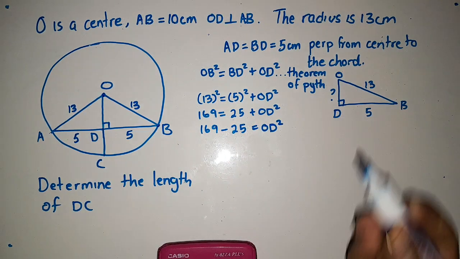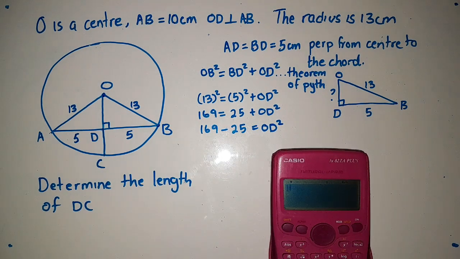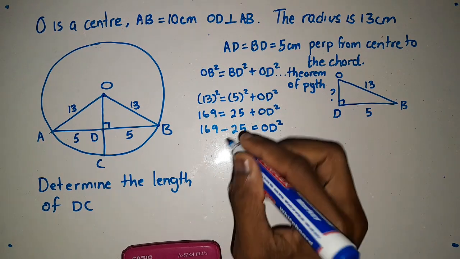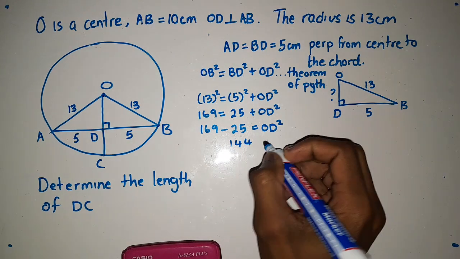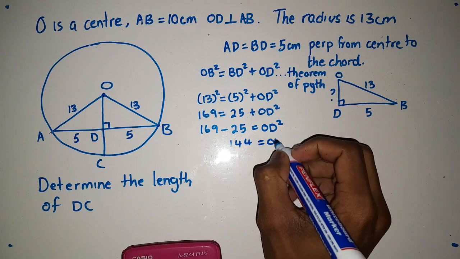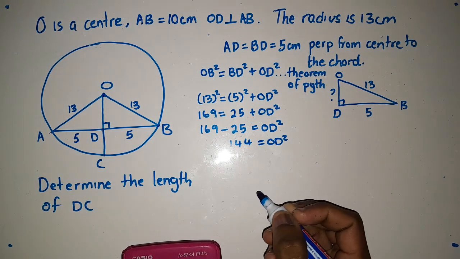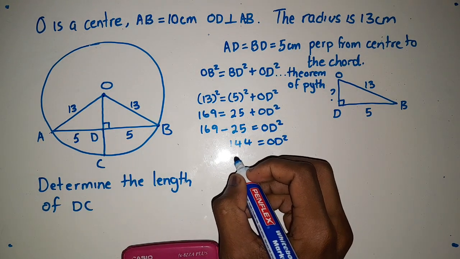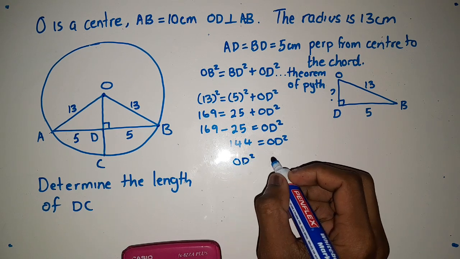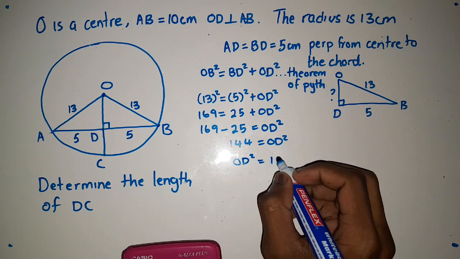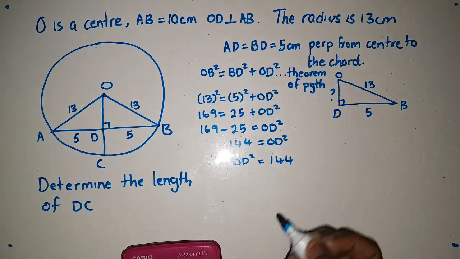We have 169 minus 25, we get 144. So OD squared is equal to 144.